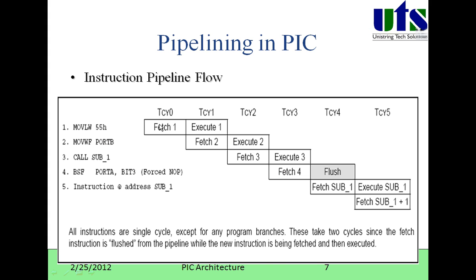You can see here, this is the first cycle, this is the second cycle. In the first cycle, one instruction is fetched from the memory. Whenever it is fetched from memory, in the next cycle it will go to the execution stage. While this instruction is executing, another instruction may be fetched from the memory. So two instructions are in progress, but only one instruction completes in each clock cycle.